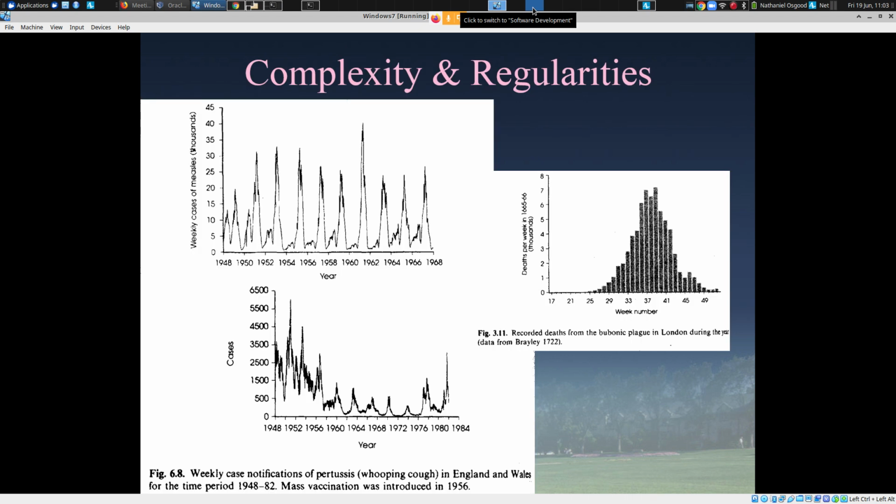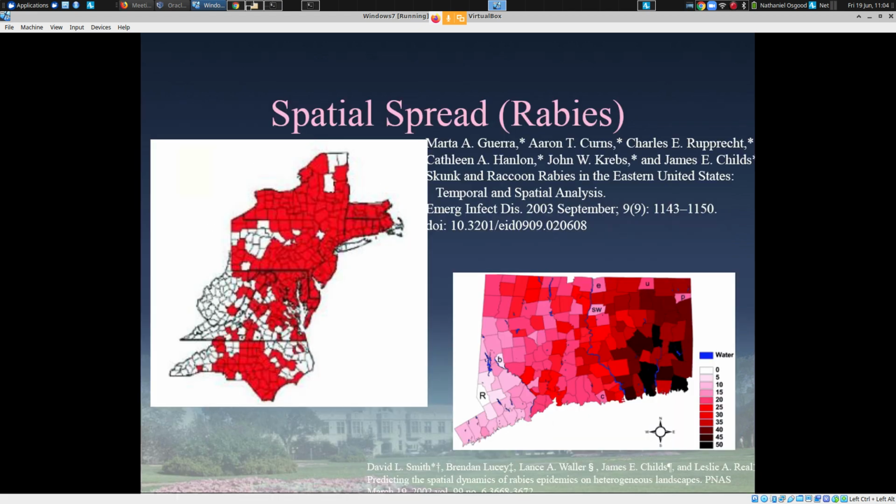So we see within the infectious disease sphere, as your other work may have pointed, a lot of complexity, but regularities, patterns that we see recurring. Here shown with childhood infectious disease, an area where we've done a great deal of work, and diseases such as chickenpox, measles, pertussis, etc. Here we have cases of measles, for example, in England and Wales, and we have bubonic plague, as noted from the 1700s.